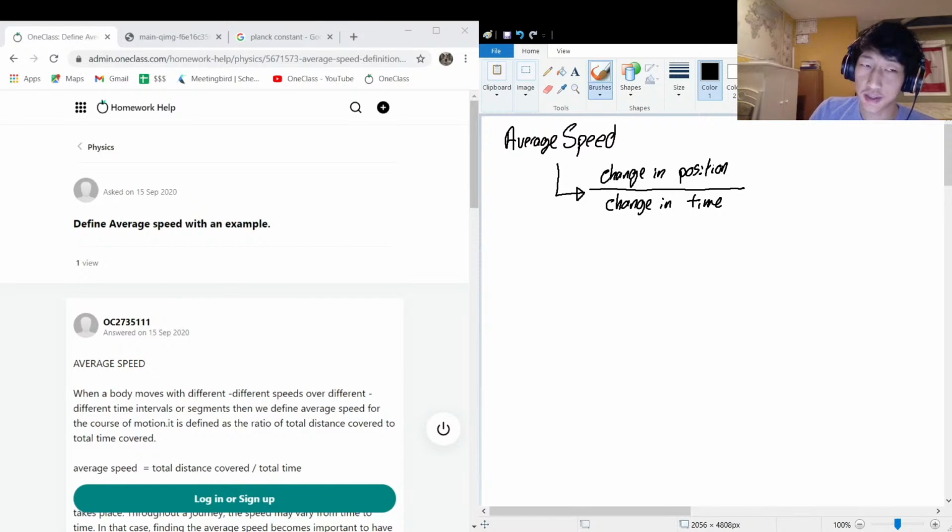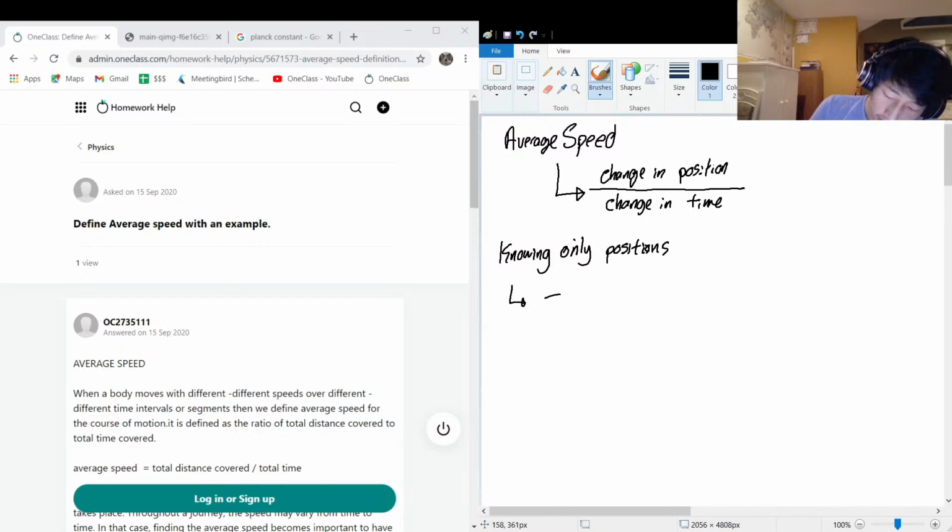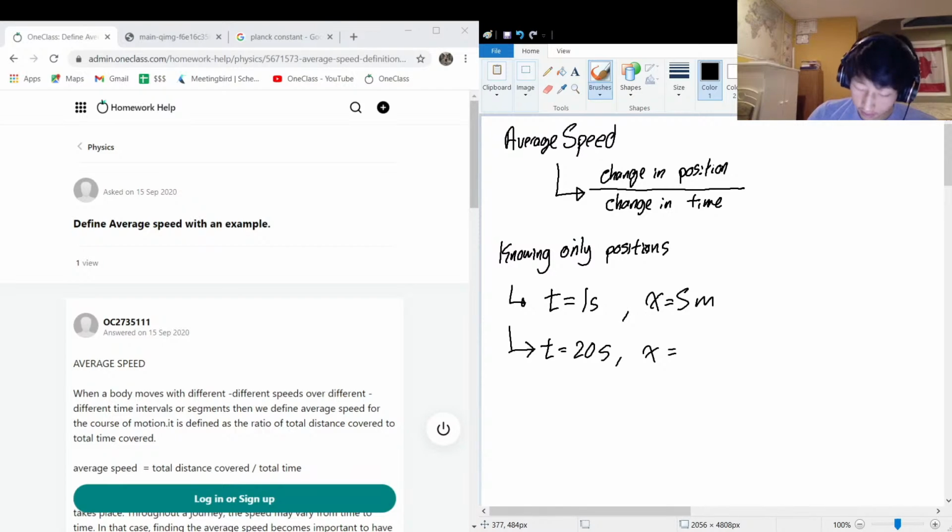So if you only know positions, let's say when time is equal to 1 second, my x position is equal to 5 meters, and when time is equal to 20 seconds, my x position, I finished a 100 meter race.